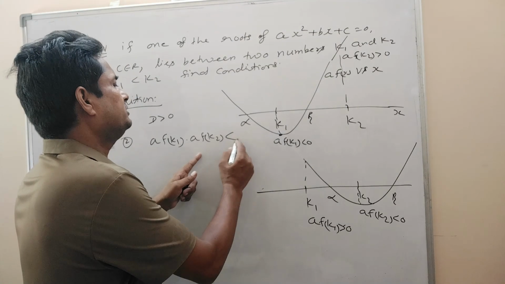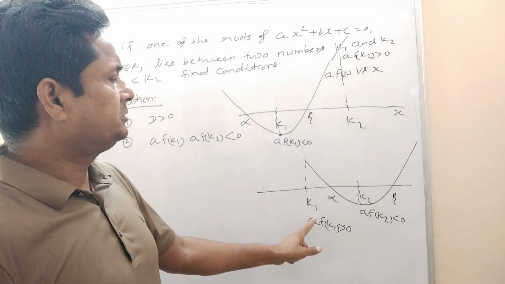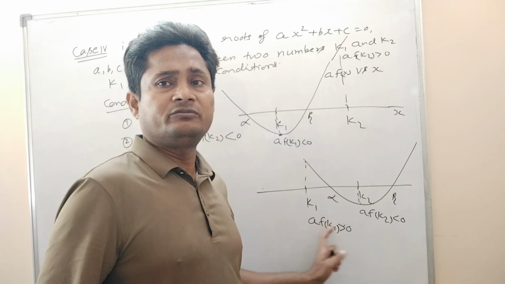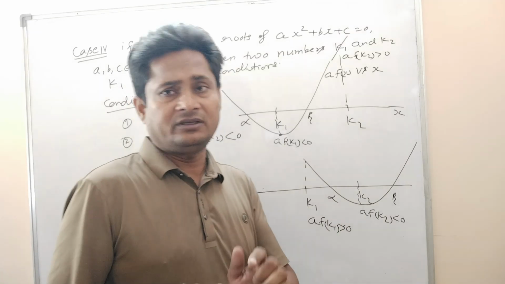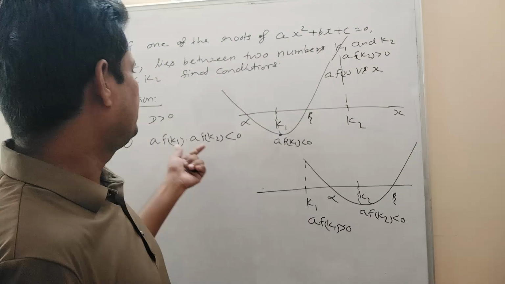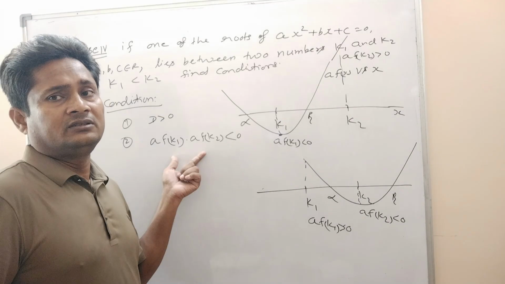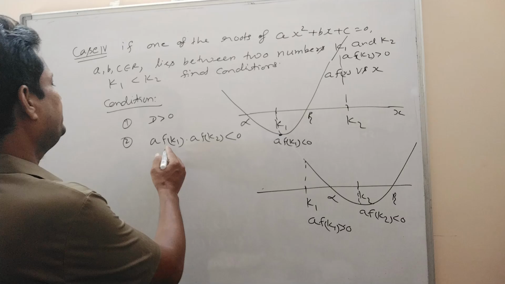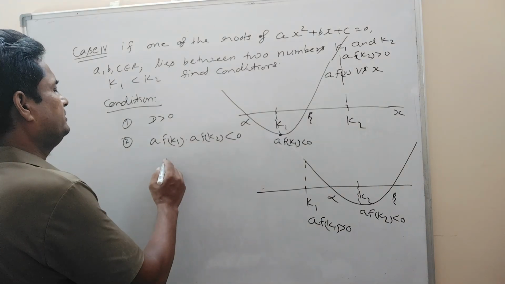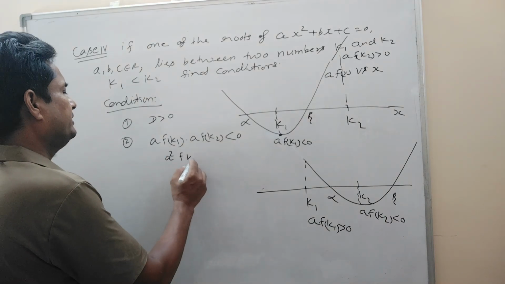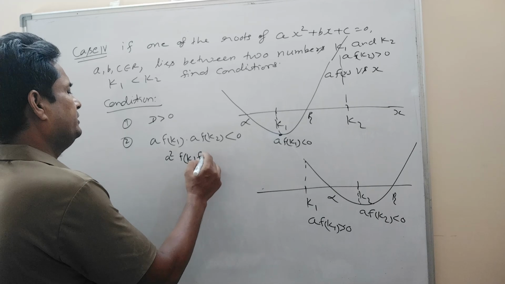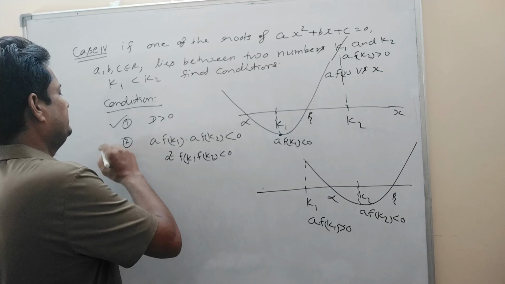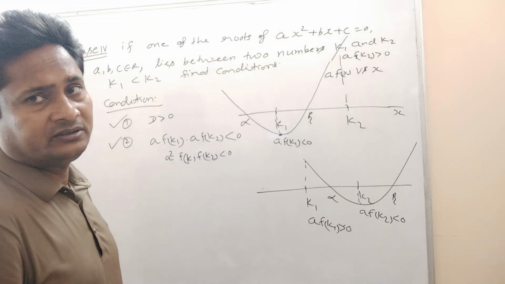So in this case it is negative. In this also, this is the positive value and this is the negative value. If you multiply these two values, then there will be a negative value. So this is the condition satisfying both the cases. That means if you simplify this, this will be a square f(K1) f(K2) less than 0. So the first condition is this one and the second condition is this one.